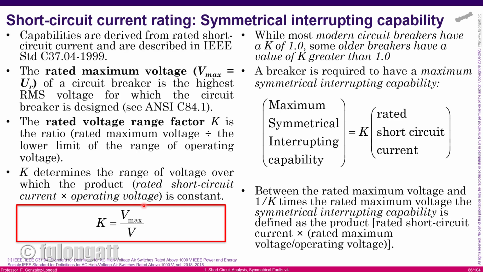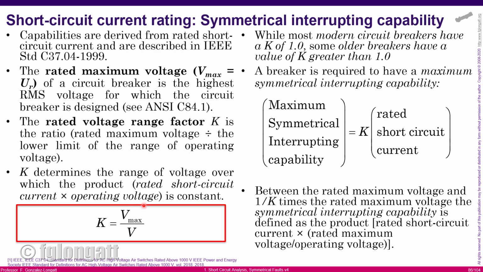Okay, modern breakers, K, that is the rate voltage range factor, is typically 1. That means that for these devices, between the maximum voltage and the minimum voltage, there is almost no difference, and that is the reason that the division is 1. But for very old breakers, the history is different.